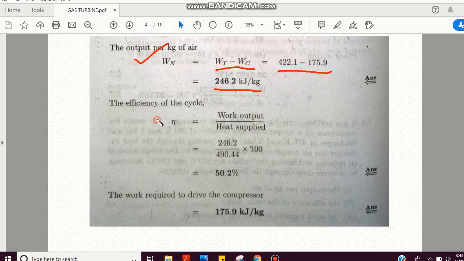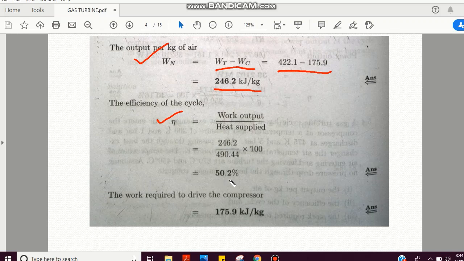Now the cycle efficiency is work output by heat supply. So the value of work output is 246.2, and heat supplied is the value of small q we have already calculated, that is 490.44, into 100. So that becomes 50.2.